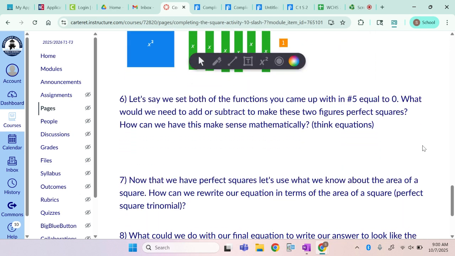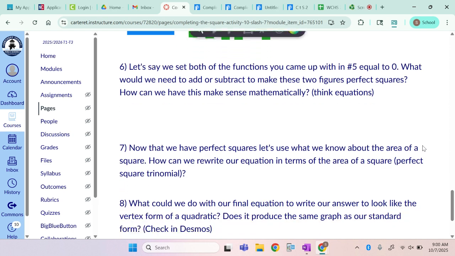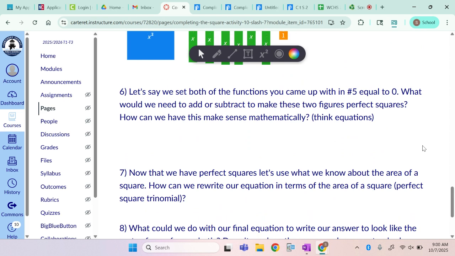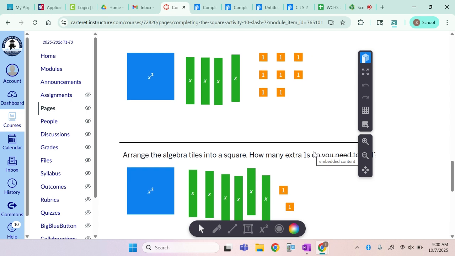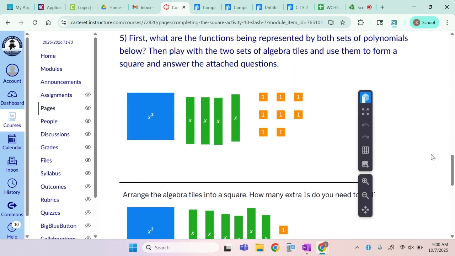Then what you would do is write out what the equations would be as you have them currently, and think about what you could do mathematically to make it work. Then you would answer the rest of these questions right here, and they'll explain what's going on. So again, make sure all of your group members' names are on it.